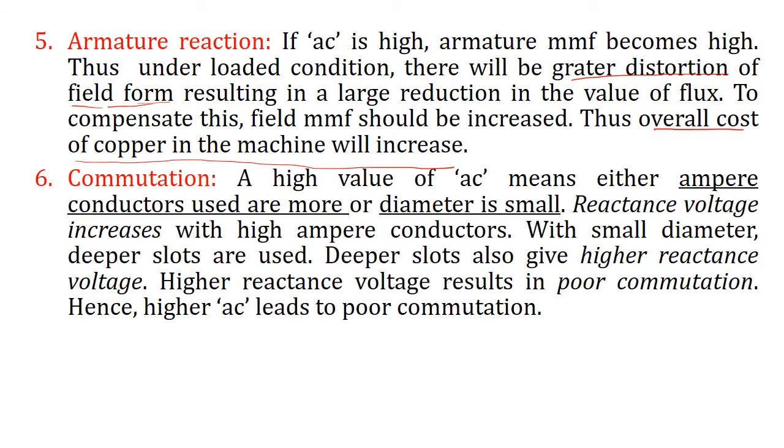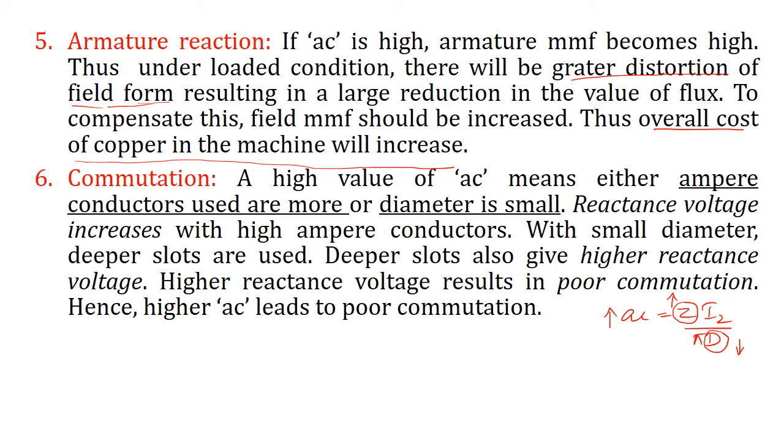The next point is commutation. As you know, AC is equal to ZIZ by pi d. The value of AC will be high if Z is high or if D is small. If the number of conductors is more or if the diameter is smaller, the value of AC will be high.